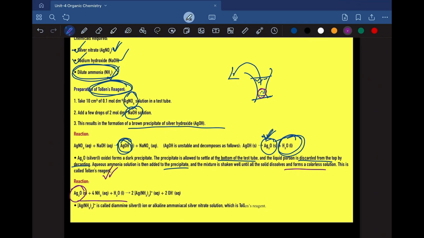This is the actual reaction. This Ag2O was reacted with the ammonia solution, and there was some water left. After decanting, you cannot remove all the water, so there will still be a little bit left. This is what the Tollens' reagent is, and its name is diamminesilver(I) ion, or you can also say alkaline ammoniacal silver nitrate solution.